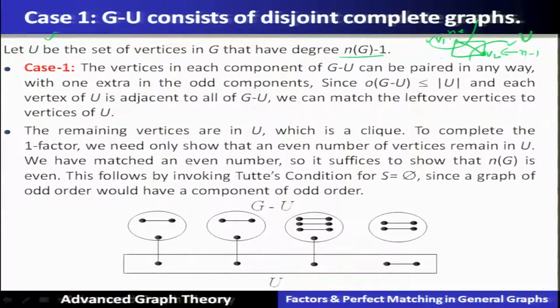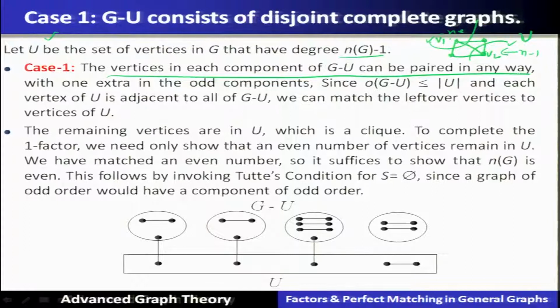The vertices in each component of G minus U: if we remove U from G, we will have this set of vertices. The vertices in each component of G minus U can be paired in any way, with one extra in the odd component.